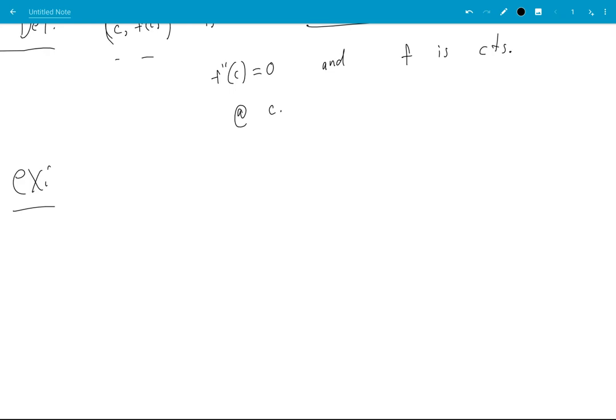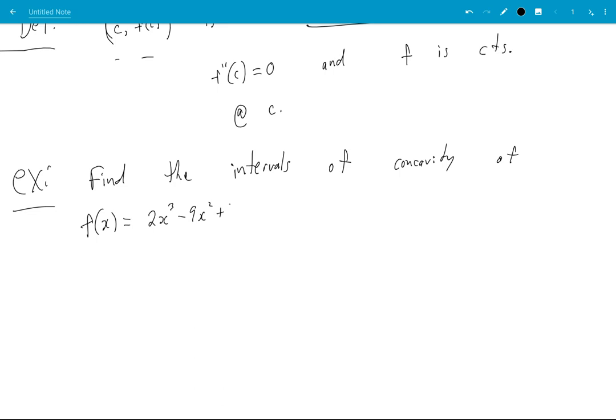Okay, find the intervals of concavity of f of x is equal to 2x cubed minus 9x squared plus 12x minus 3.